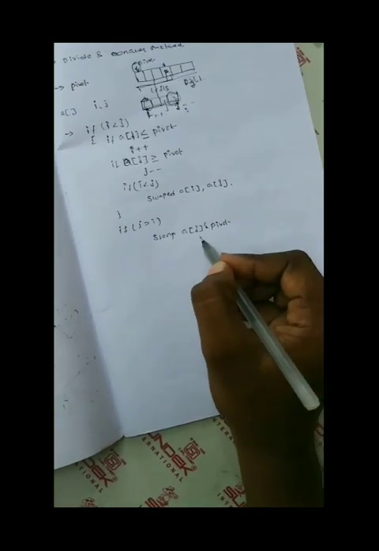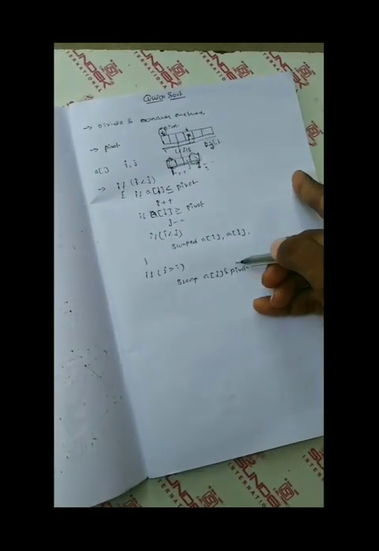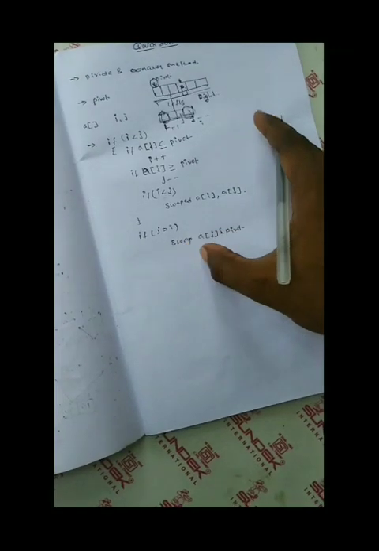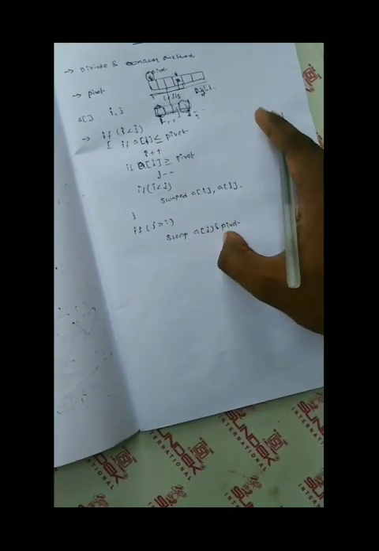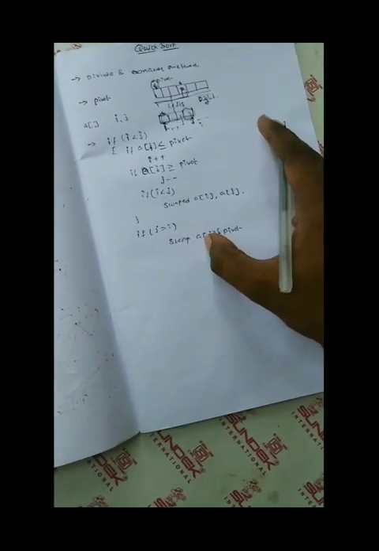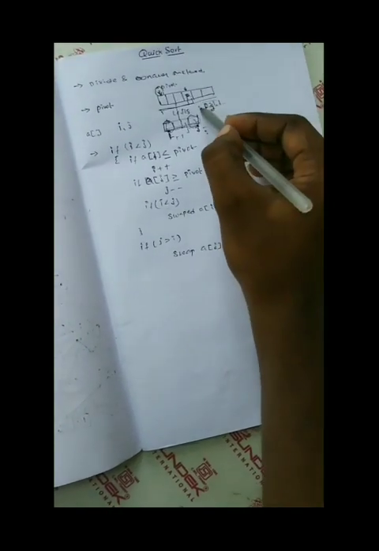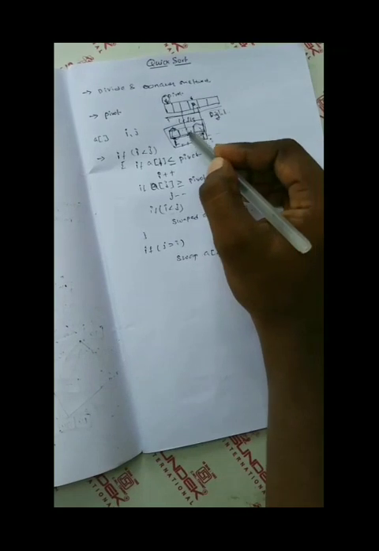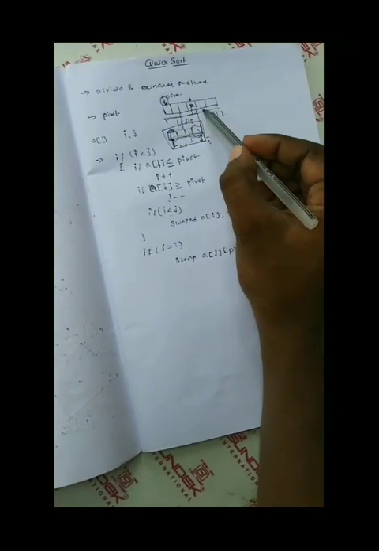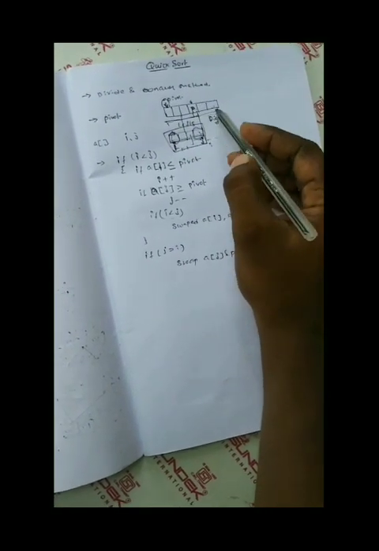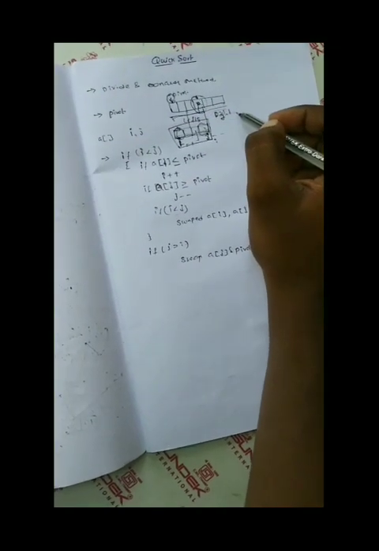Whenever a of j and the pivot element are swapped, that means the list is going to be divided. Okay, we are placing the pivot in its desired position. So when we place the pivot in its desired position, the left side should be smaller than the pivot element, and the right side should be greater than the pivot element.